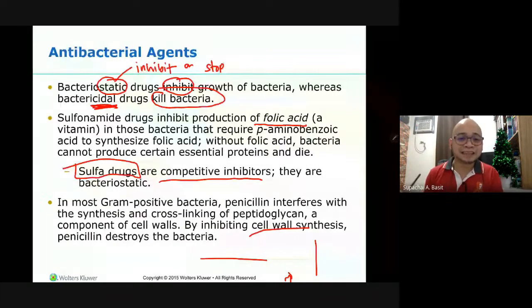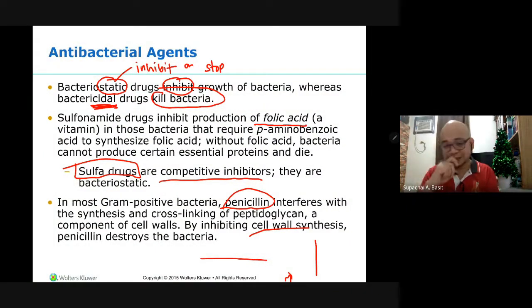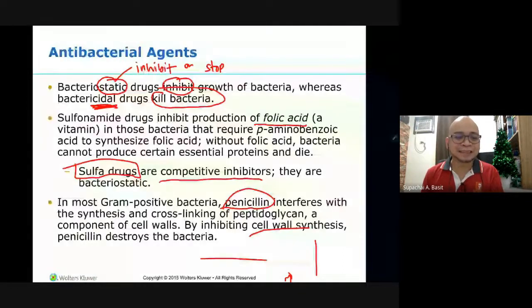However, there are some antibiotics that are considered antibacterial or bactericidal. An example of this is penicillin. What's the action of penicillin? Penicillin will interfere with the synthesis and cross-linking of peptidoglycan. Sound familiar? Let me refresh.